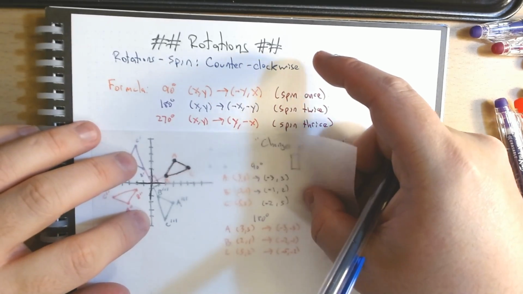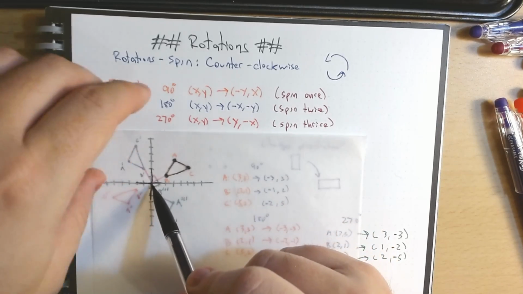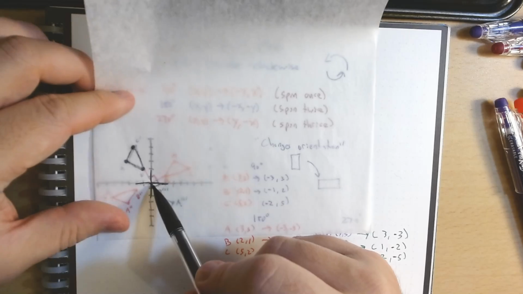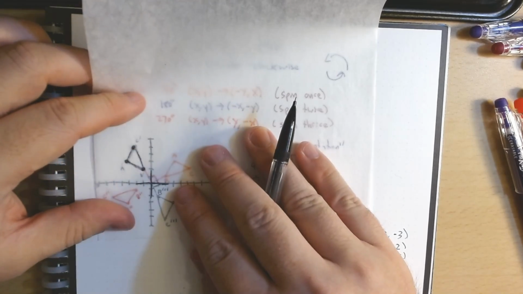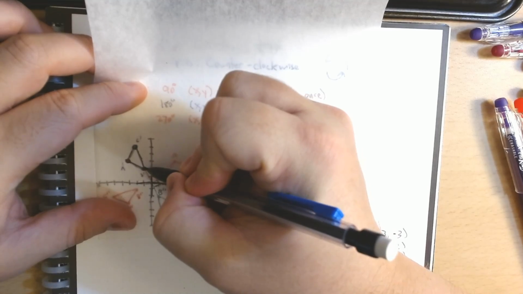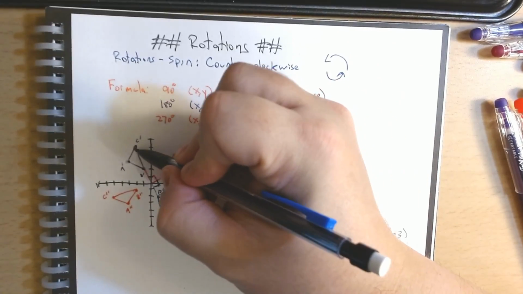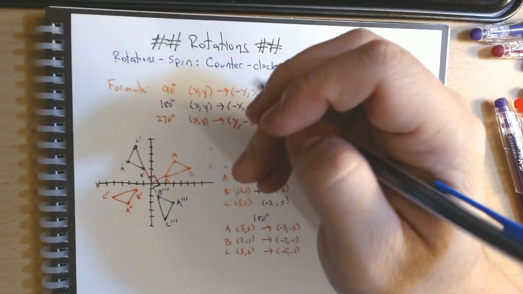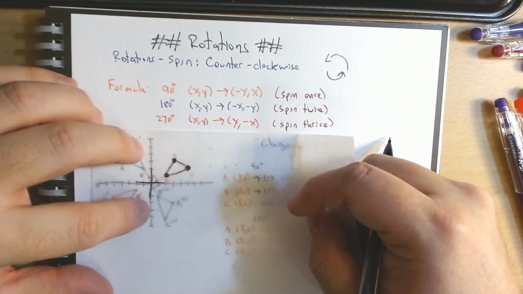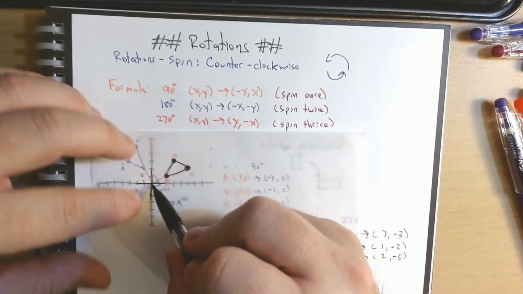So what I mean by spin once is now I put my pencil right here in the middle. I literally spin it once so that the cross in the middle matches, right? And then that's why I did those points. You can trace them now. And now I got a point there, point there, point there. And then I can make my triangle. So literally make your little middle mark and you spin it once because that's 90 degrees.